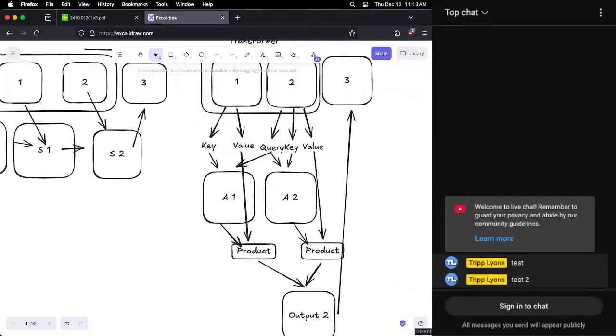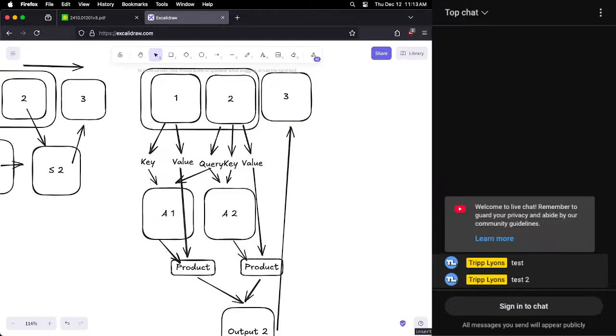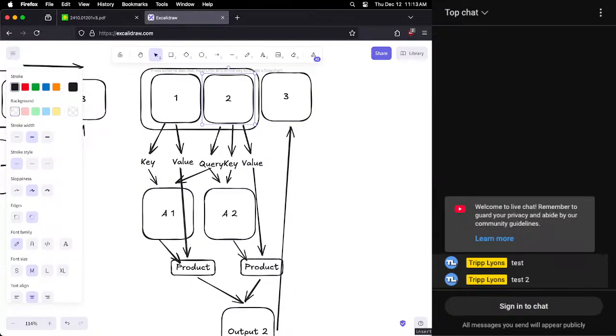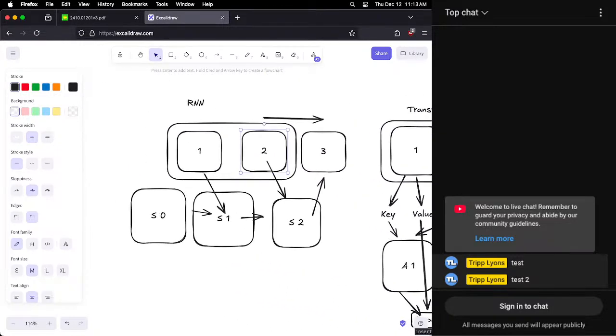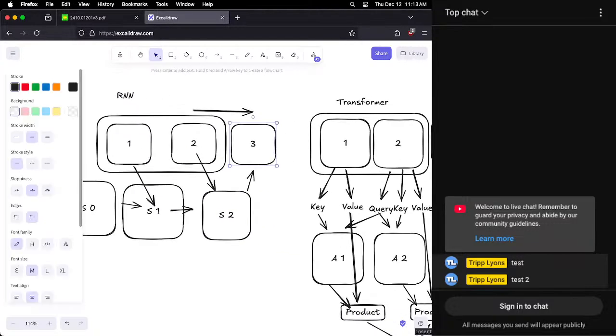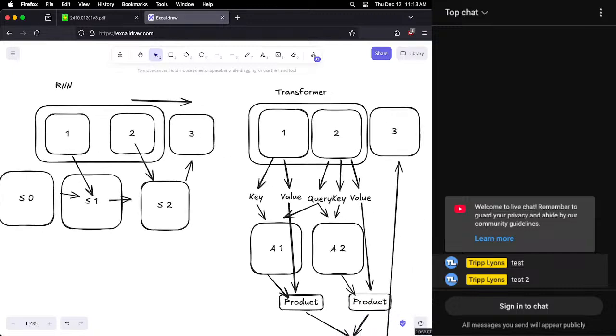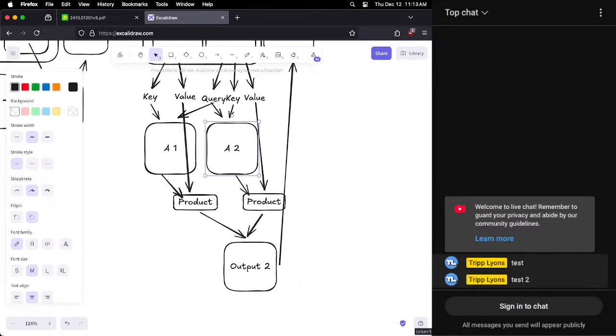And here, since I'm only doing it for one token, it's hard to see, but this second token has to pay attention to every previous token and itself. So that means that whereas the RNN only needs to do one step of computation to get to the next prediction in generation, a transformer has to look back at every single one of these previous tokens in computing this attention matrix.